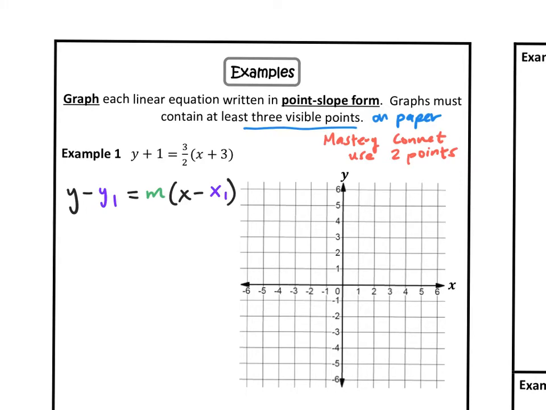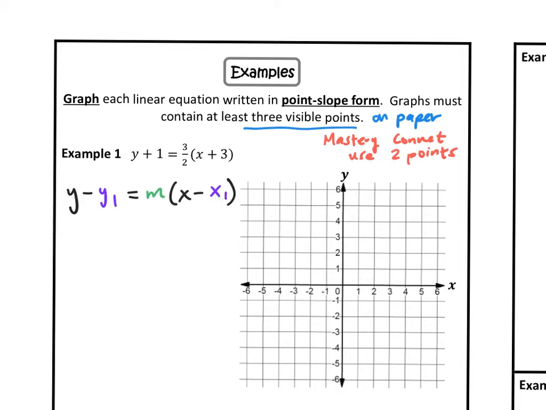So notice that in the equation, there's a minus here, and there's a minus here. But in the problem, there's a plus sign in front of the 1, and there's a plus sign in front of the 3. So notice that only y1 and x1 are the points that we want to fill in.